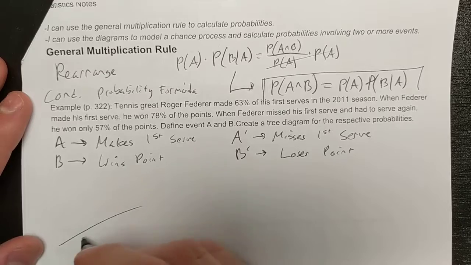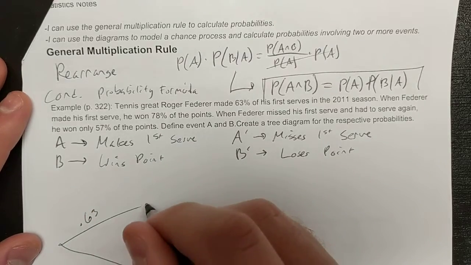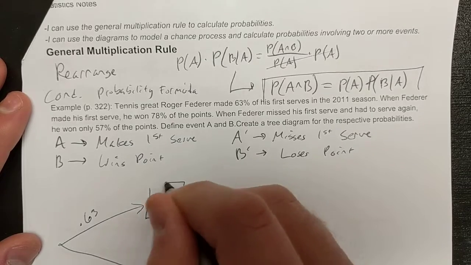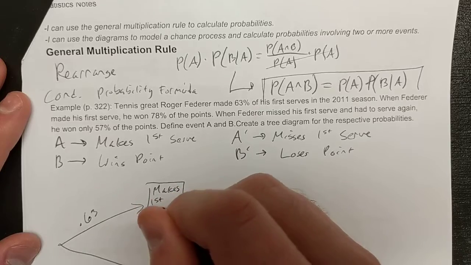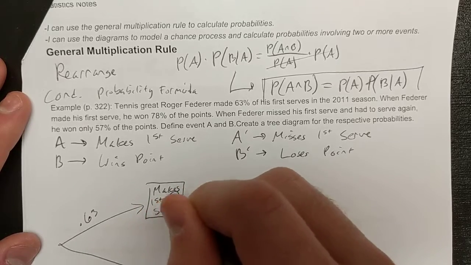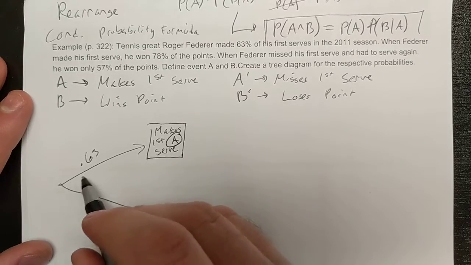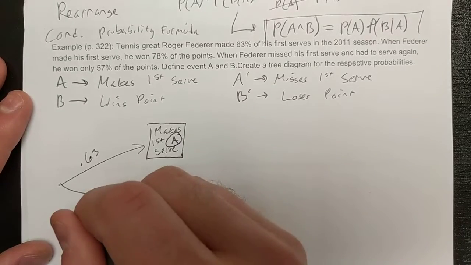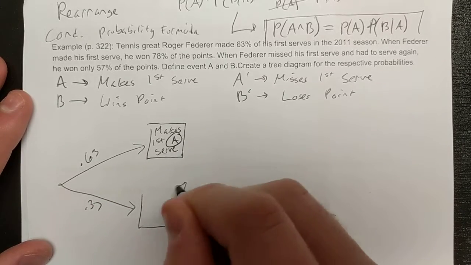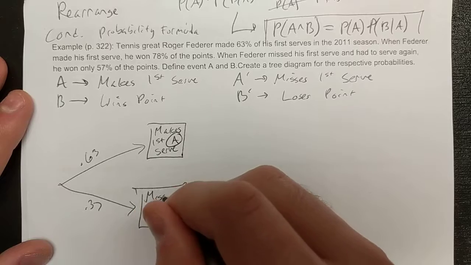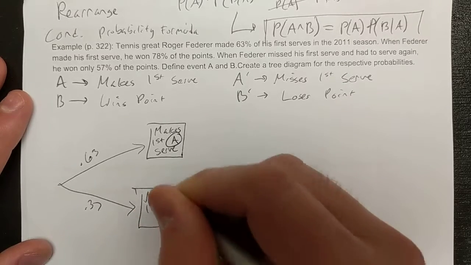So, first tree division, we have 0.63, 63% of the time he makes first serve. That's event A. And then the complement rule says that if he makes it 63% of the time, he misses the first serve 37% or 0.37 of the time. That's complement of A.